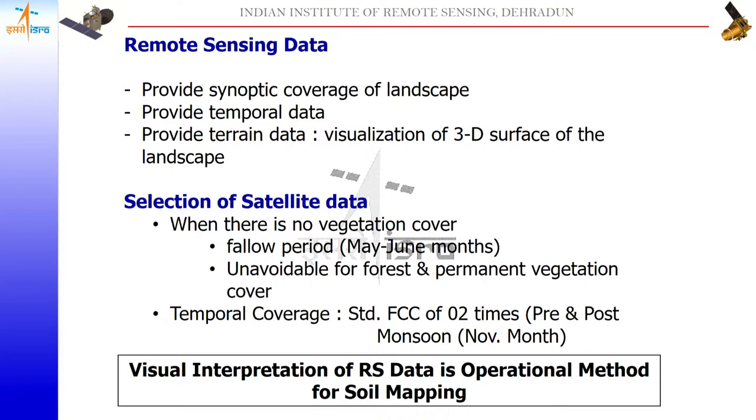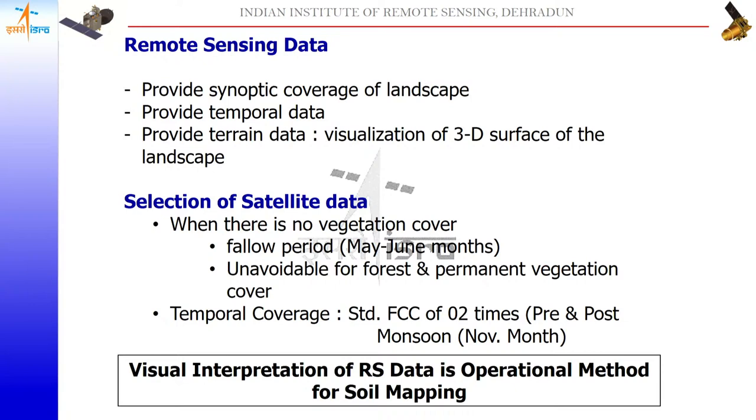Remote sensing data give you useful information for preparing a soil map, because remote sensing data provides a synoptic coverage of the landscape. You have seen in the previous slide that a large area can be seen in one scene. Also, remote sensing data you are able to get every 21 days, that's why it is said to provide temporal data.